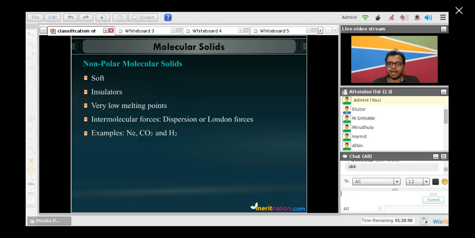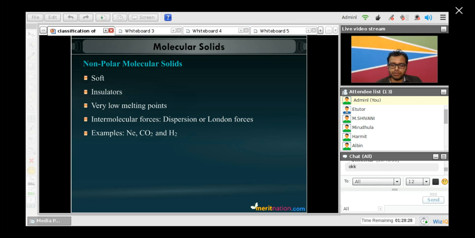CO2 is also a non-polar molecular solid because its dipole moment is 0, right?